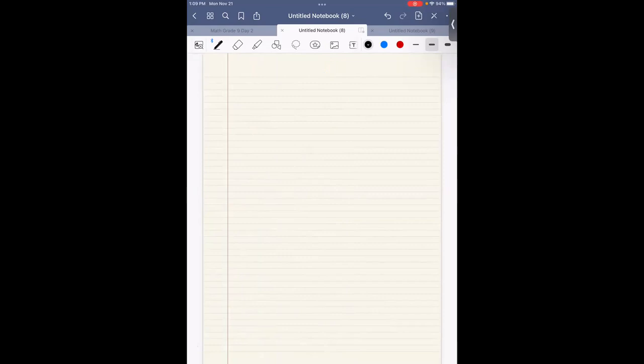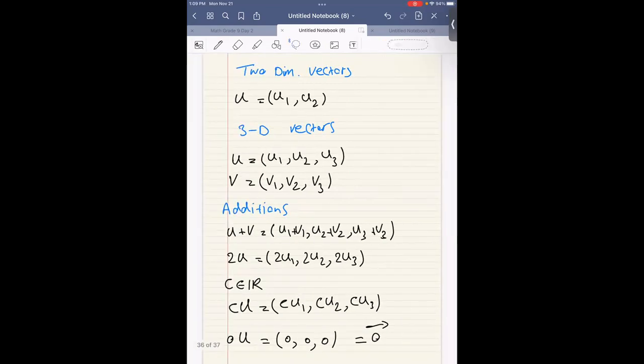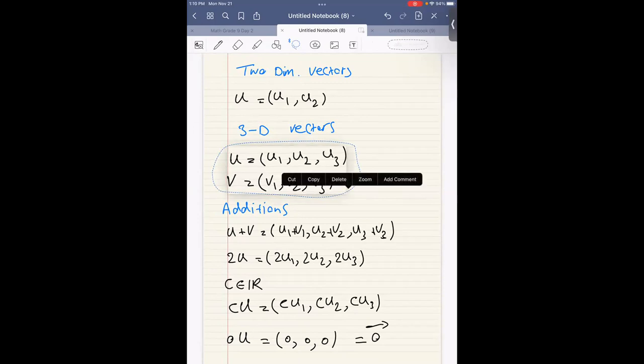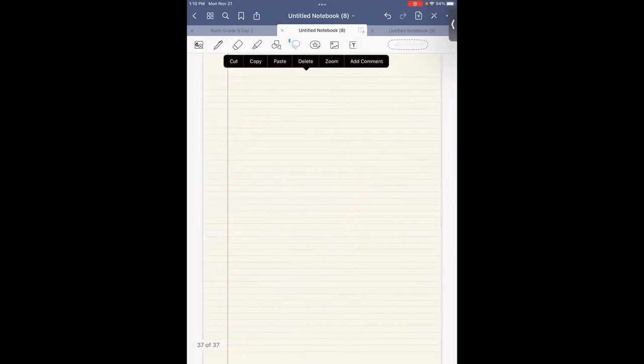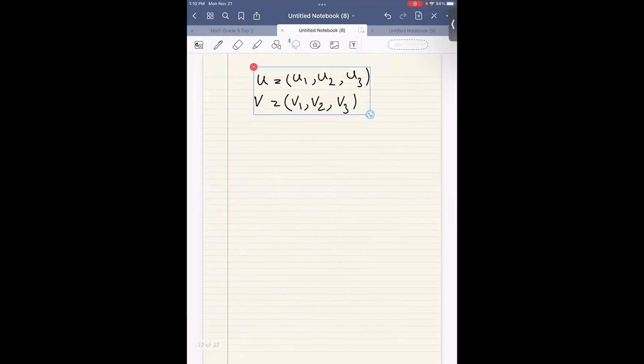Consider two vectors u and v in 3 dimensions, but what I say is not limited to 3 dimensions. You can also do this in 2 dimensions, in 4 dimensions, and so on.